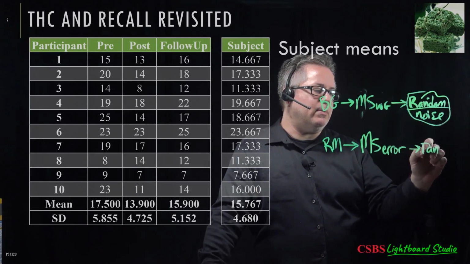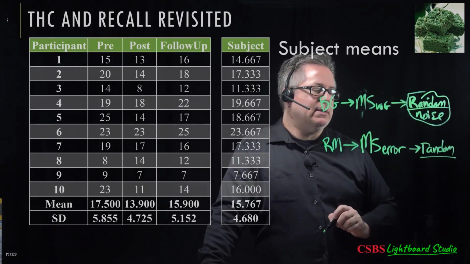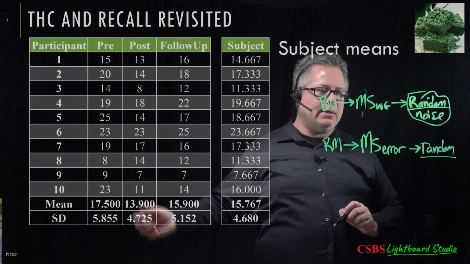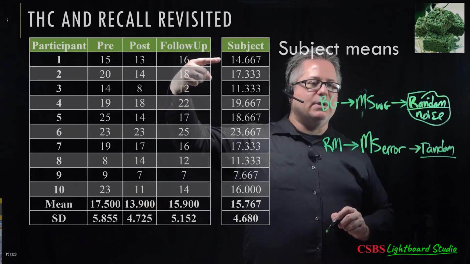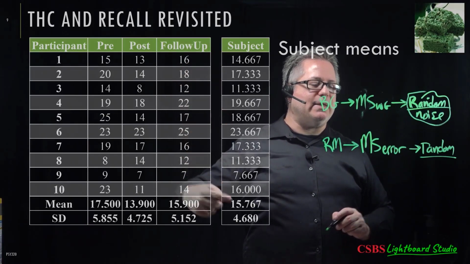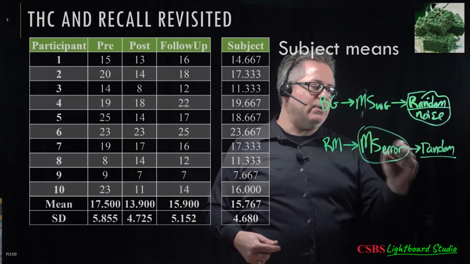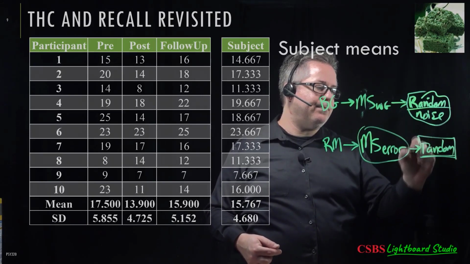What's really random in this? How do we get at randomness and account for the fact that there's some consistent scoring across time, and be able to remove that to get some kind of error term for our F that really is random?